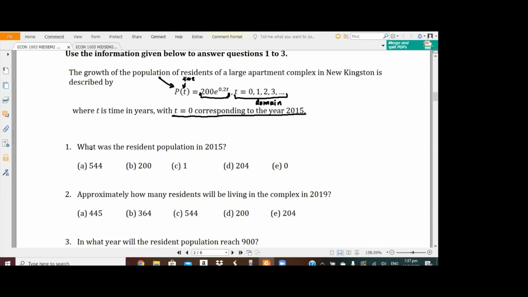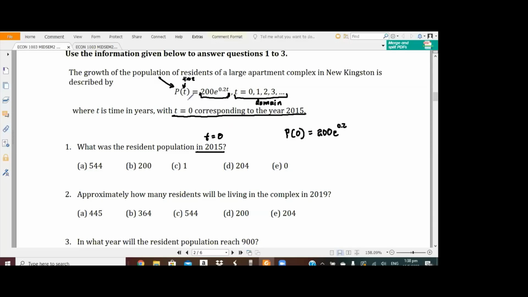Now it says, what was the resident population in 2015? In 2015, the corresponding value of t would be t equals 0. So this question is basically asking you to evaluate P of 0. When I do that, it's going to give me 200 times e to the 0.2 times 0.